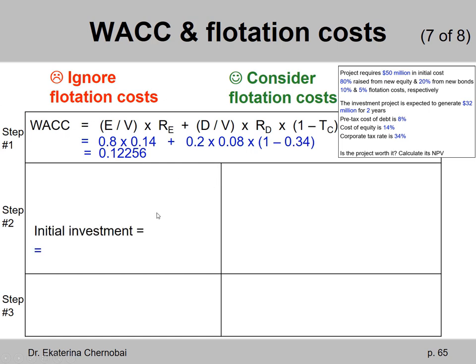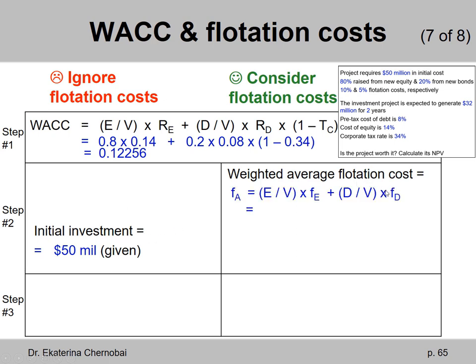If we ignore the flotation costs, then we would use the initial investment of $50 million for this project. If we do not ignore the flotation costs, we would realize that $50 million is not going to be the true cost of this project, because it needs to be adjusted up for the flotation costs, the cost of raising money.